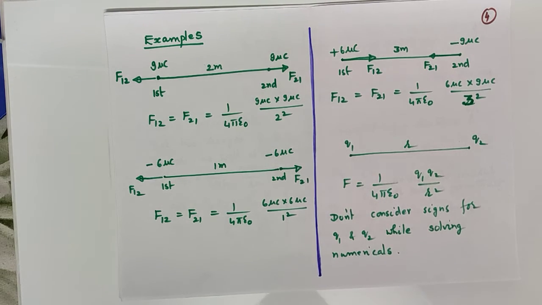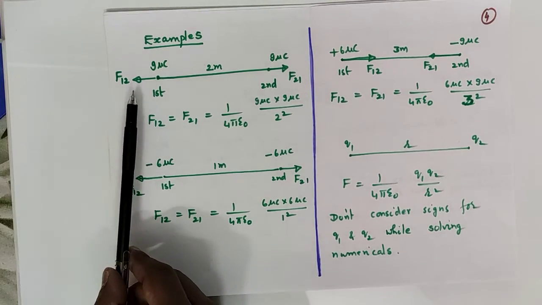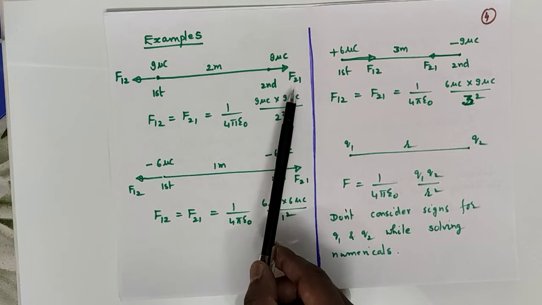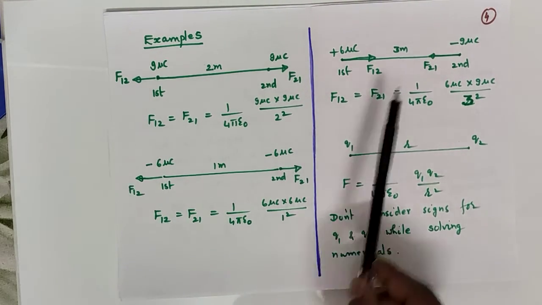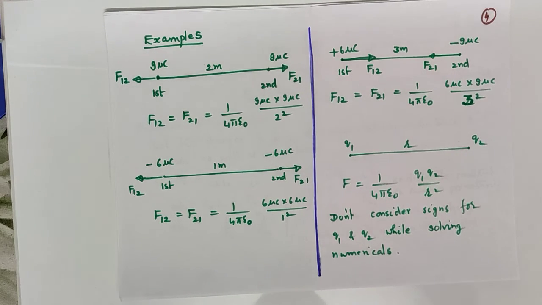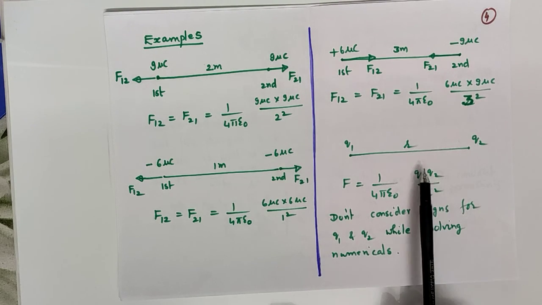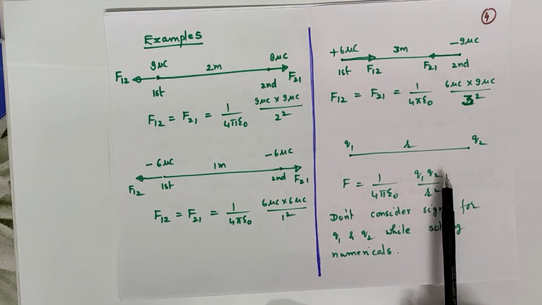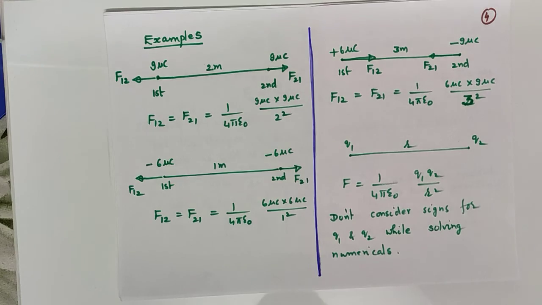Both of them will form an action-reaction pair. If this is action, this is reaction, and so on for other examples. And one important point you need to remember: whenever you use this formula, please don't consider a negative sign anywhere, because we are talking about only magnitudes of the charges. Thank you.